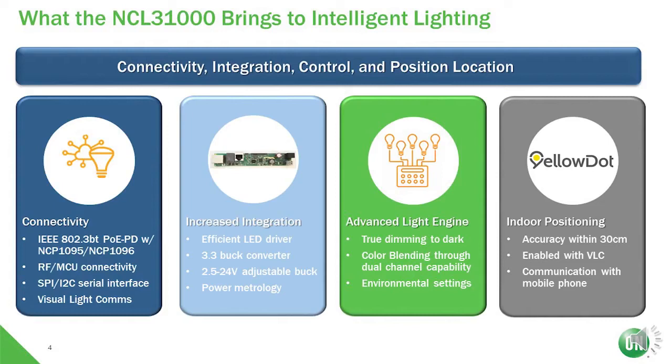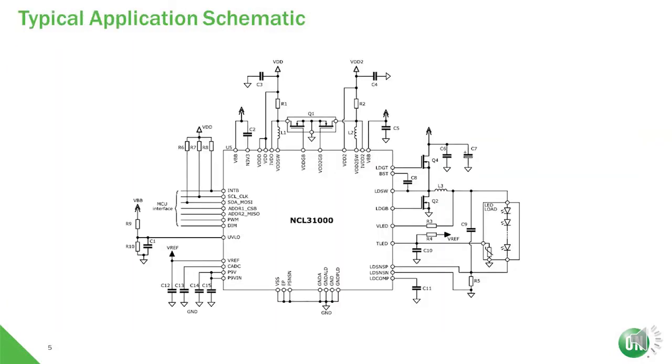The heart of the system is an advanced light engine, allowing true dimming to dark and color blending through dual channel capabilities. And indoor positioning is enabled through Yellow Dot compliance. This is what the typical application schematic would look like with the MCU interface, the first DC-DC converter fixed to 3.3 volts, the adjustable DC-DC converter, and the LED driving block.